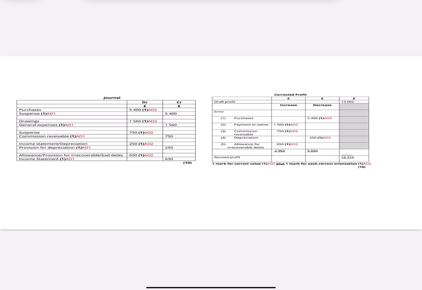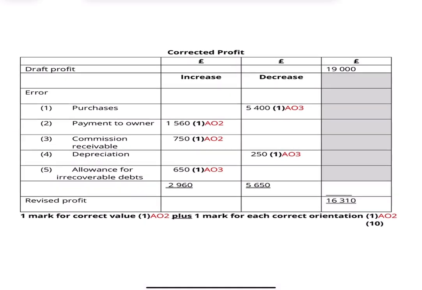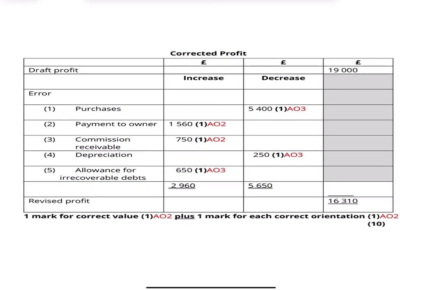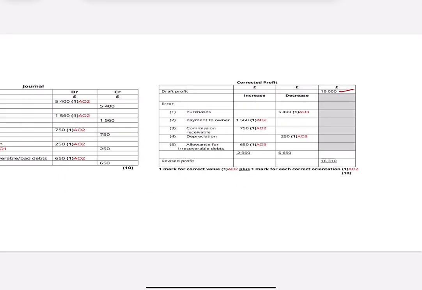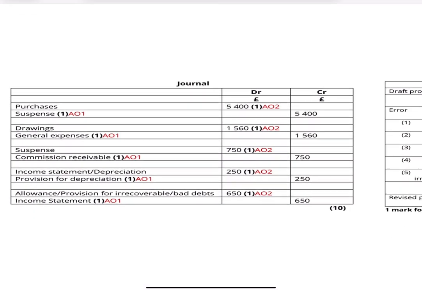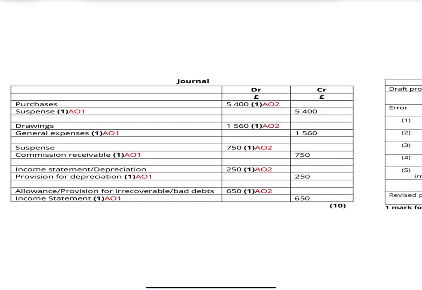Now let's see how this will have an impact on the corrected profit. As we read the question before, we already had the drafted profit, which is given in the question, 19,000. Now we have to see how each transaction will have an impact on the income statement. Let's look at the first one. As you can see here, purchases is debit.